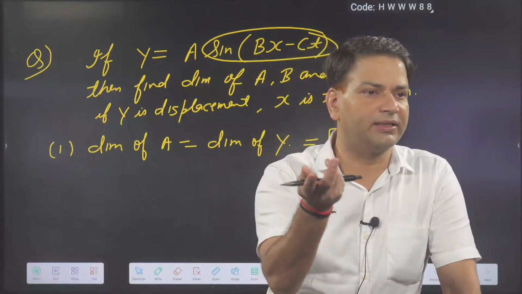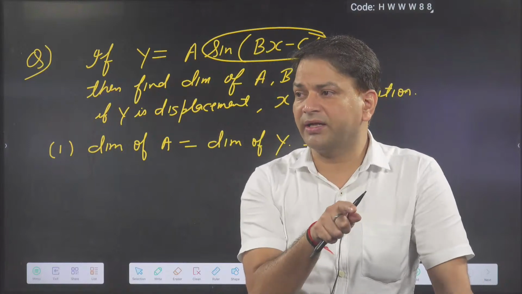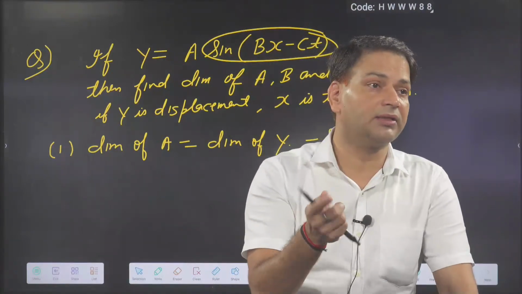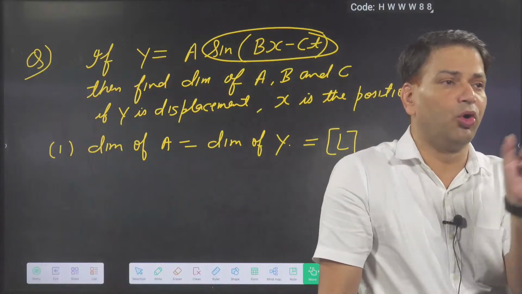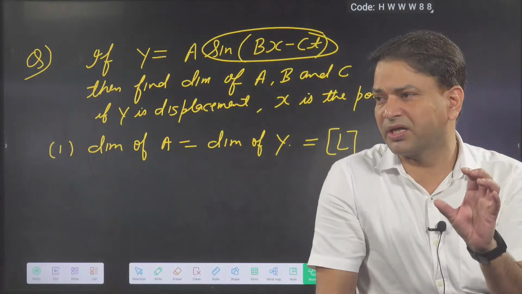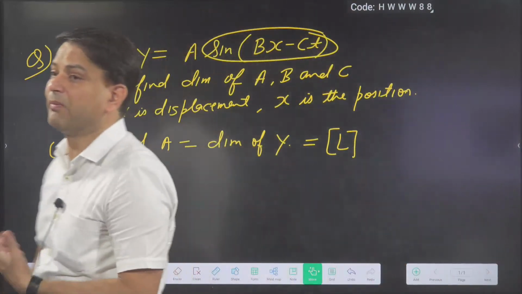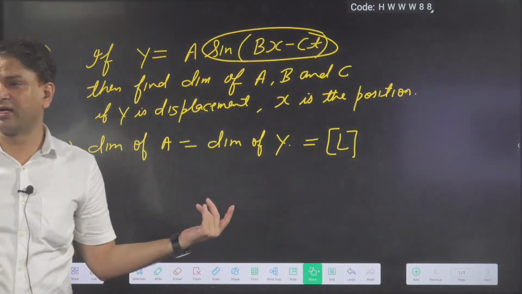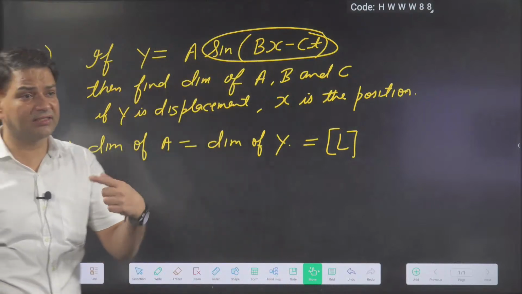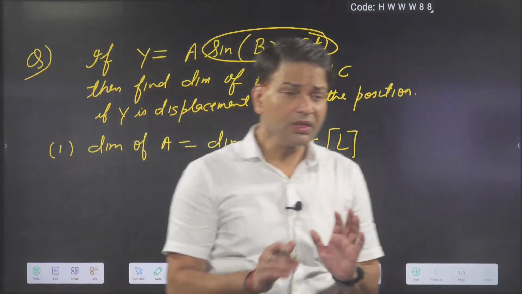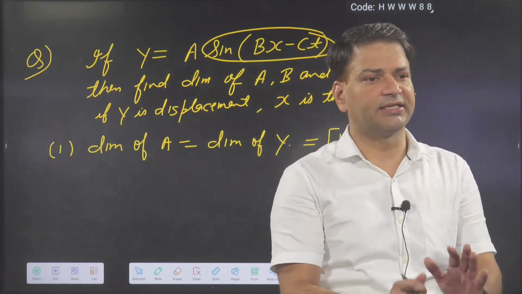Because they are the input of the sine. We know that sine theta is dimensionless, so bx and ct both will be dimensionless. Everybody getting or not? Up to this everybody got? bx is dimensionless as well as ct is dimensionless.